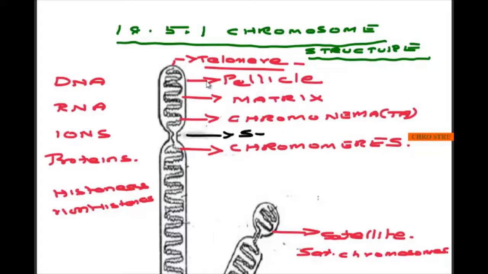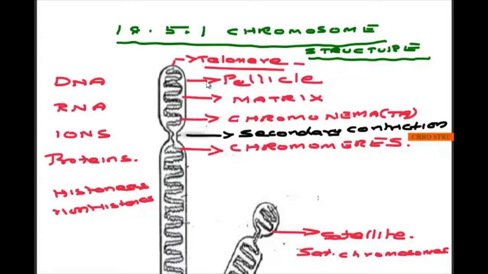Apart from that, we have the secondary constriction. This secondary constriction we can see at any point of the chromosome. It is not necessary that it should be at the top or any tip.